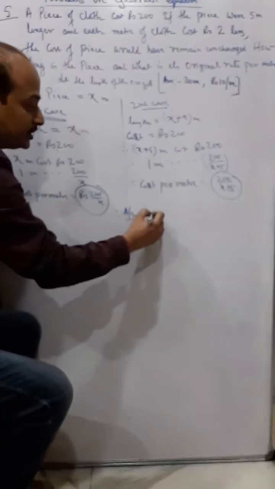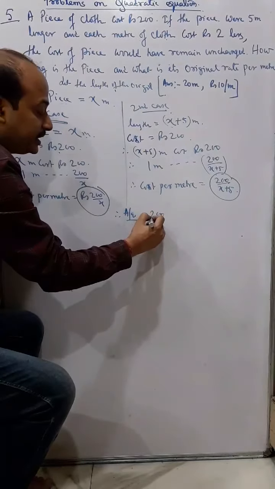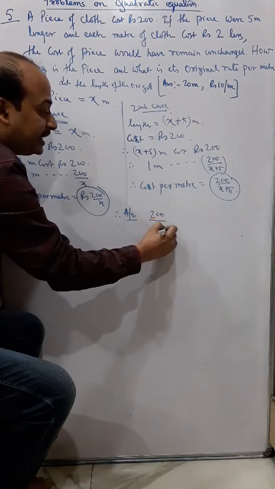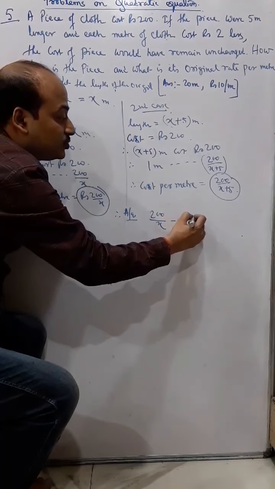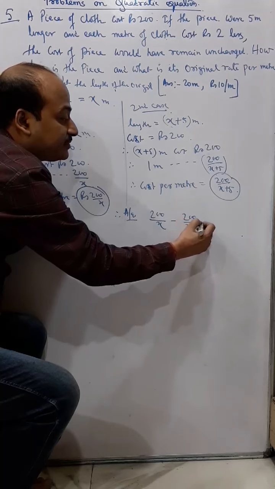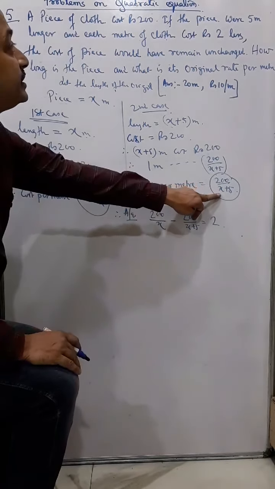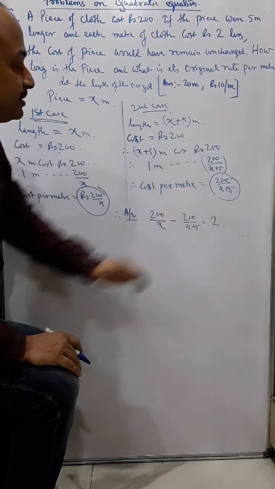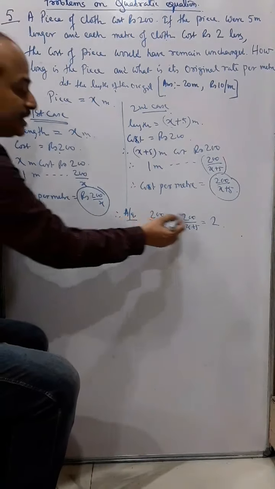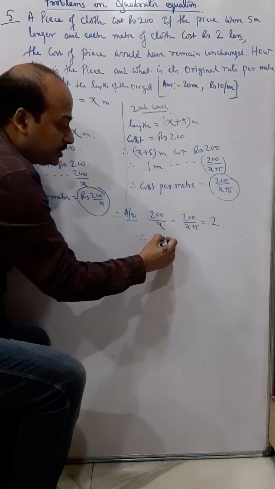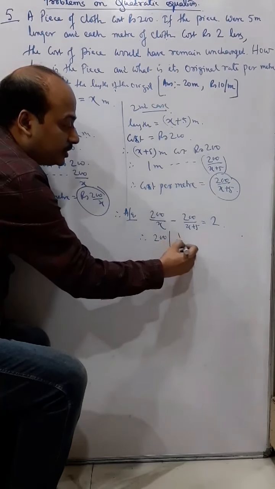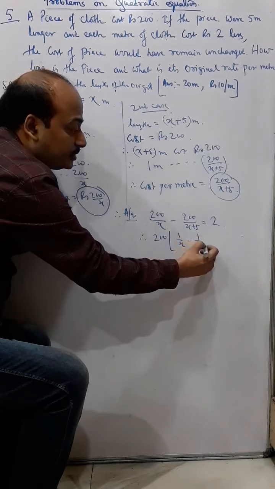According to the question, we can say 200 by x minus 200 by x plus 5 is equal to 2. You understand? Because in the second case the cost is 2 rupees less per meter. Here also, as I have told you in the previous sum, you can take 200 common and proceed forward.